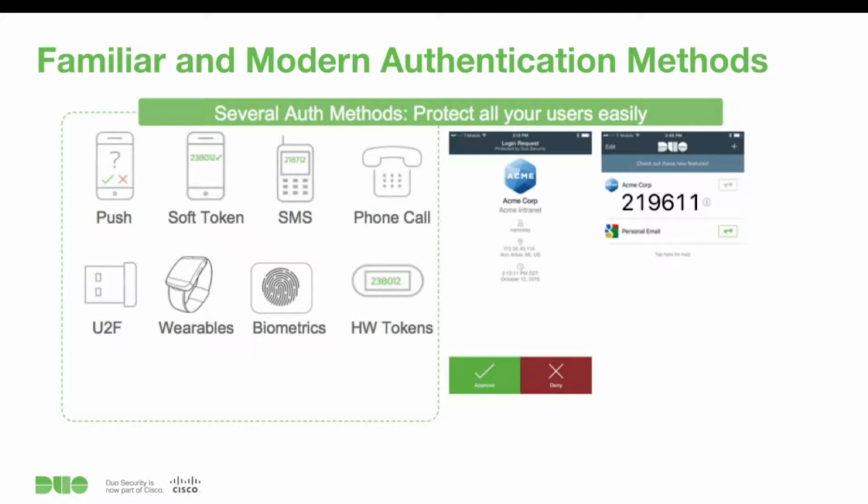It provides a higher level of convenience versus legacy methods like typing in a passcode, but also has some security benefits because it is going out of band and it's using a stronger encryption method rather than the shared seed secret that hardware tokens or soft tokens would work from.